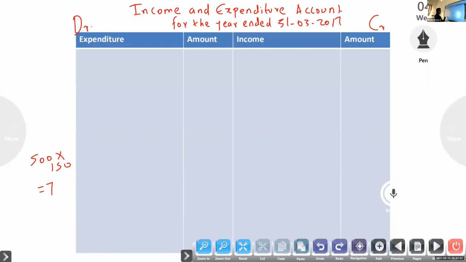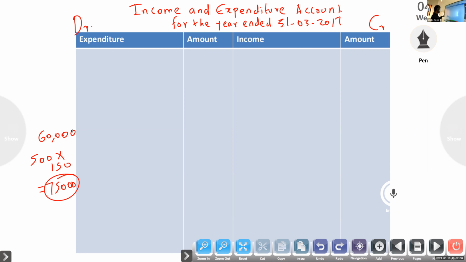So how much do we have to get this year? 75,000. Now you have to look at the current year, how much we received: 60,000. So what is the 15,000? Outstanding subscription at the end of the period.